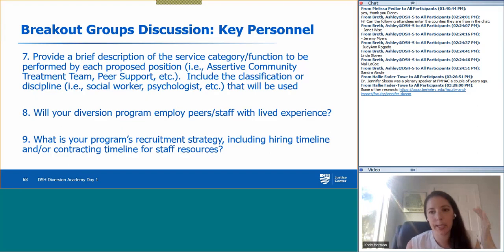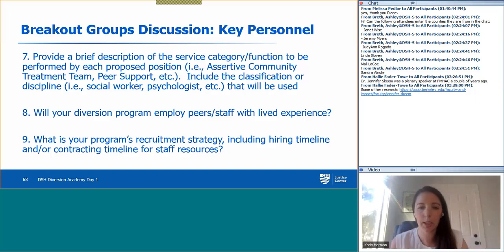And again, all of these, just answer to your best ability right now. You don't have to have an extremely thorough plan this second. That's what we're working on. But if you can, provide a brief description of the services that will be performed by the different positions. Again, this can be more of a brainstorm if you haven't gotten all the way there yet.